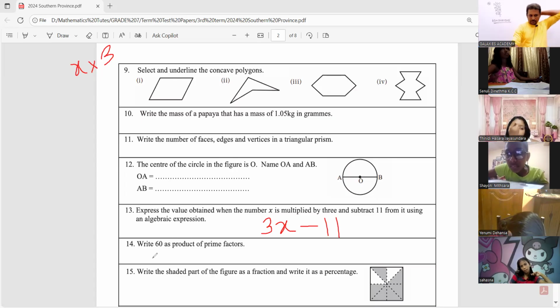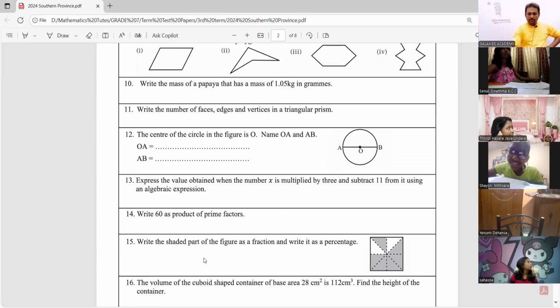Right. Now I have already discussed the 14th question. Then we can go on to discuss the 15th one. Look at the 15th question. The diagram is given. Write the shaded part of the figure as a fraction and write it as a percentage.